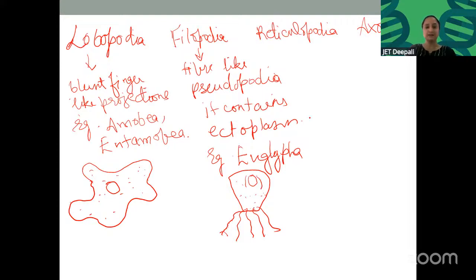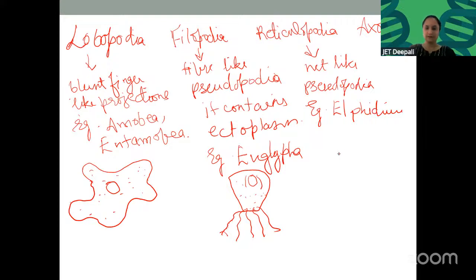Now next, the third one is reticulopodia. It is net-like pseudopodia. Example, Elphidium. How will you draw this?